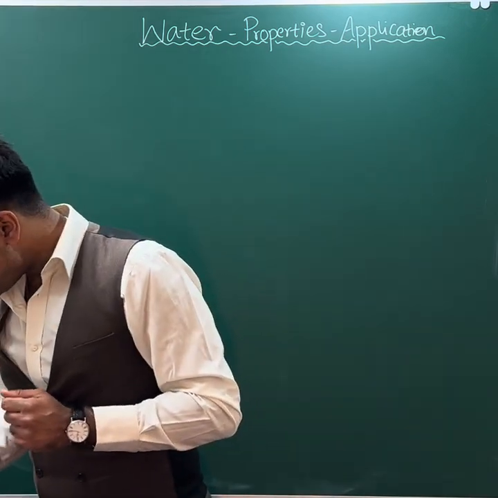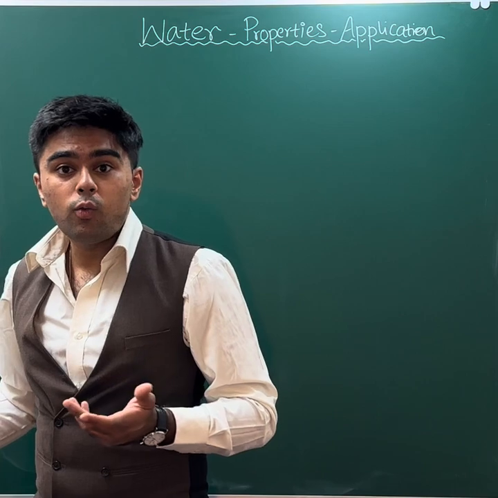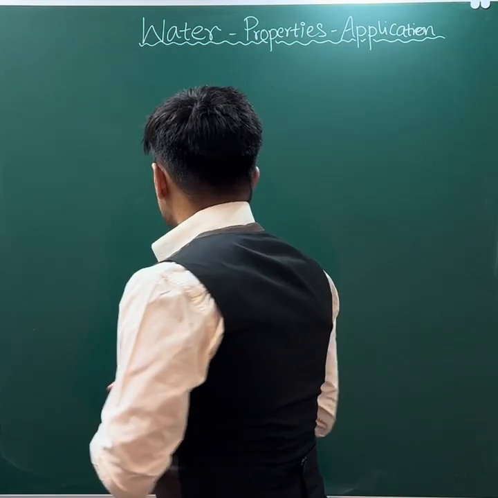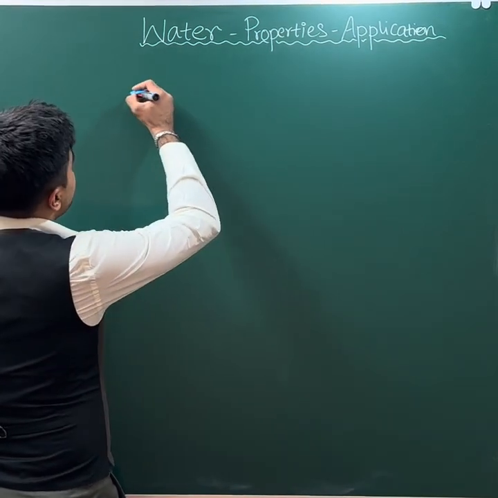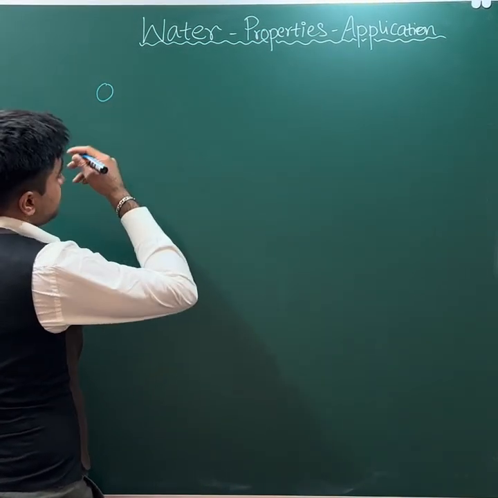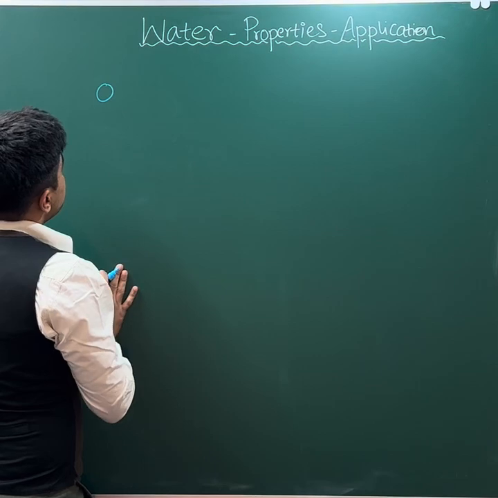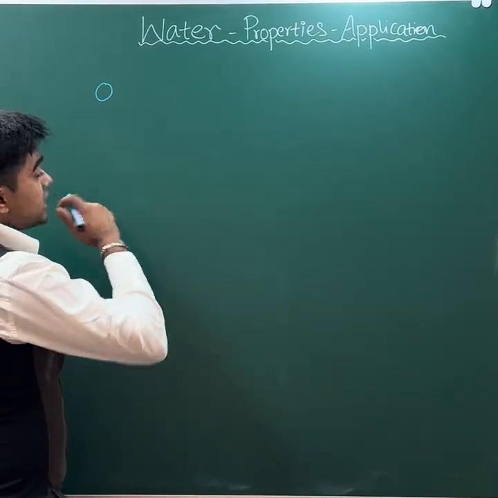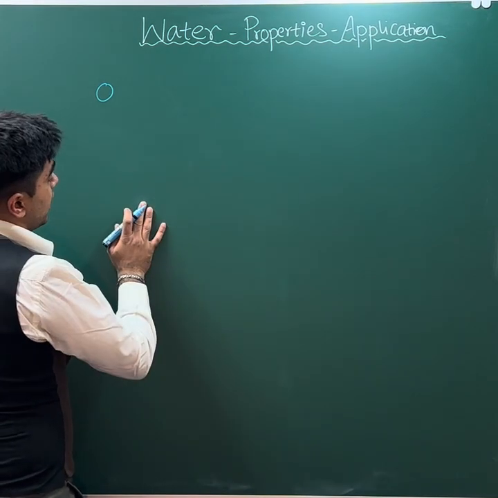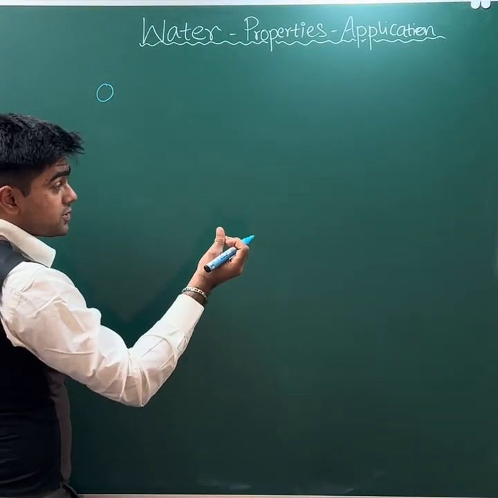The first thing we want to look at is how water actually looks. What's our actual chemical structure? Let's have our oxygen here. Our oxygen will form two covalent bonds. In water, we have hydrogen as well as oxygen.